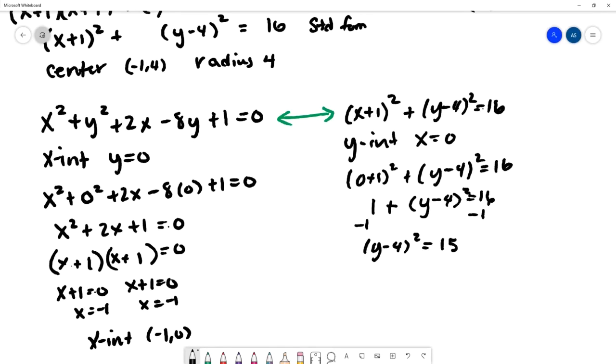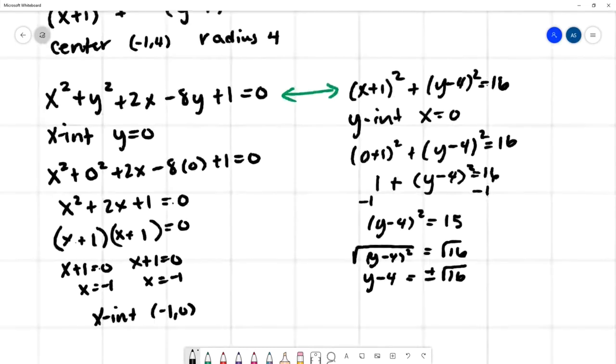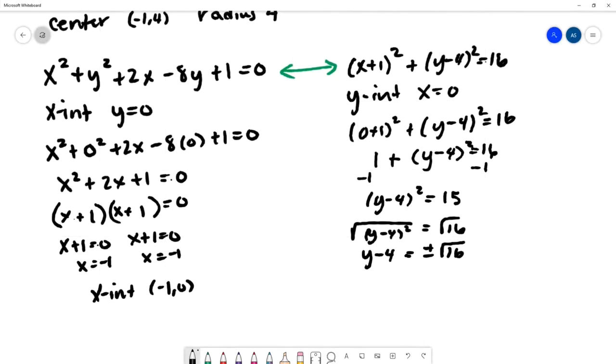I'm going to get rid of the square by square rooting both sides. The square root and the square cancel each other out, and I get that plus or minus symbol on the other side. Sorry, I changed that 15 to a 16, so it should be 15. And I'll add 4 to both sides. So I have y equals 4 plus or minus the square root of 15.